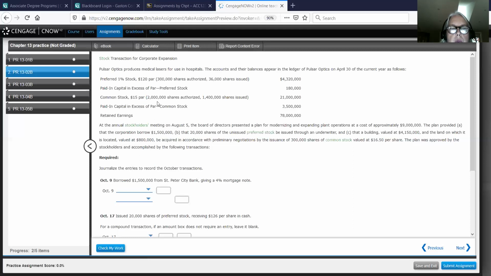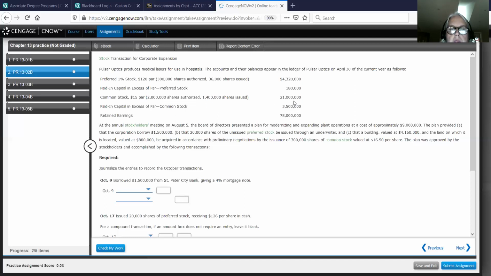We had 2 million shares that were authorized. That means that's how much they had available to sell. That amount is not out on the market yet, but they have actually sold or issued 1,400,000 shares. So they do have 1,400,000 shares of common stock that they've sold.